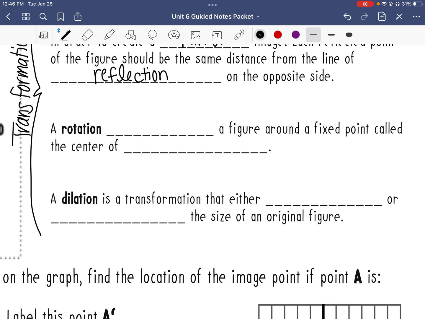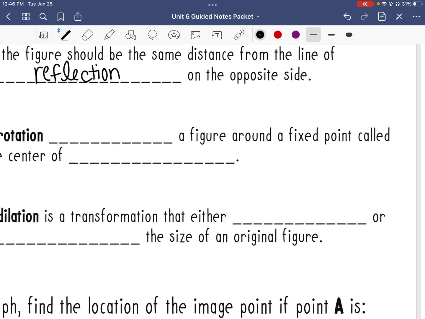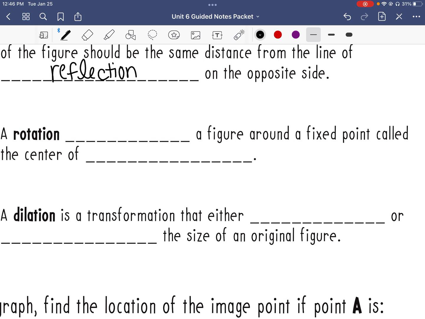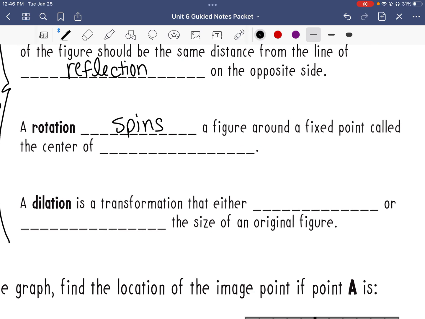One that I see a lot is on a lock, like on your gym locker, right? The lock spins around like this. That's a rotation. So a rotation is when it spins a figure around a fixed point called the center of rotation.